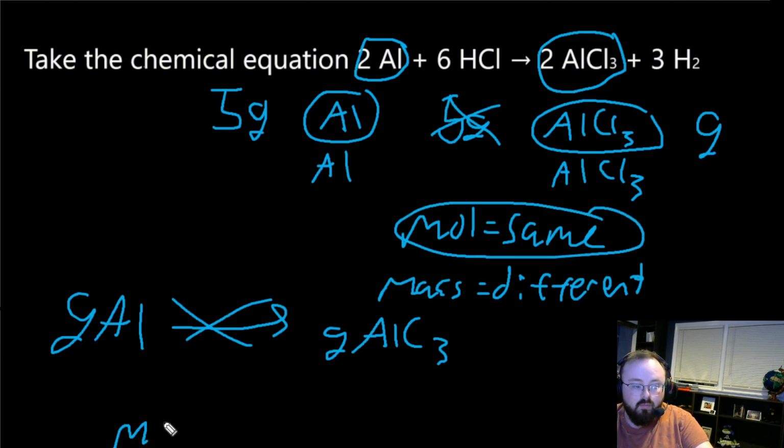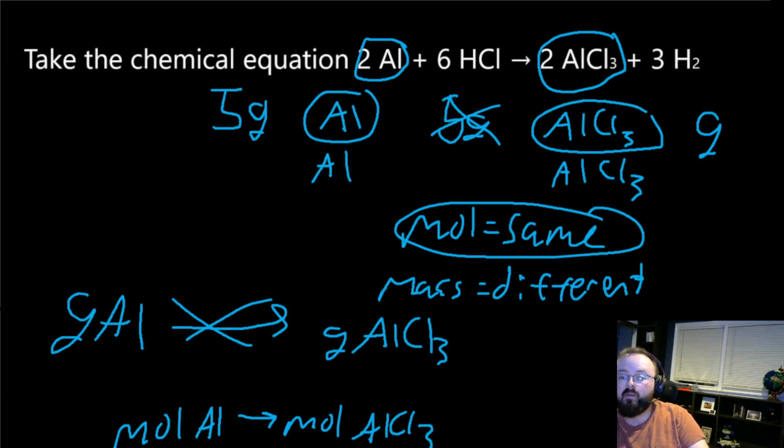And so I can go from moles of aluminum into moles of AlCl3. I can do that, because I know that every time I do this, I'll have the same number, the same moles.